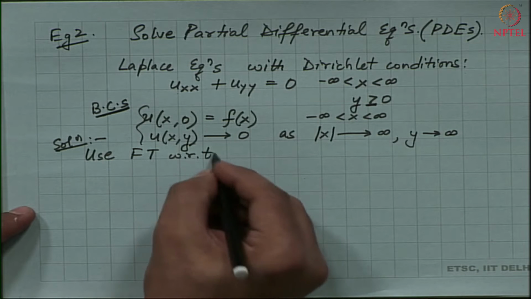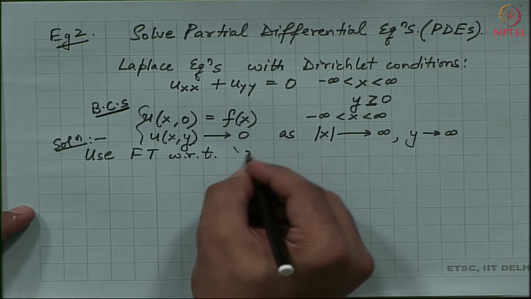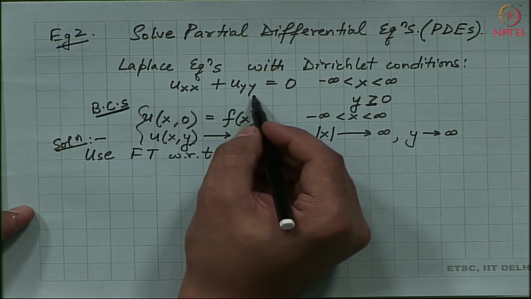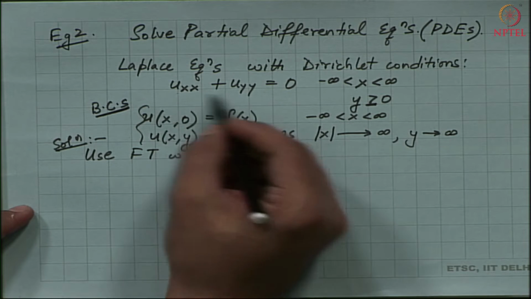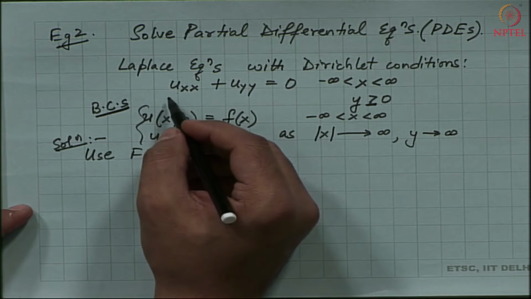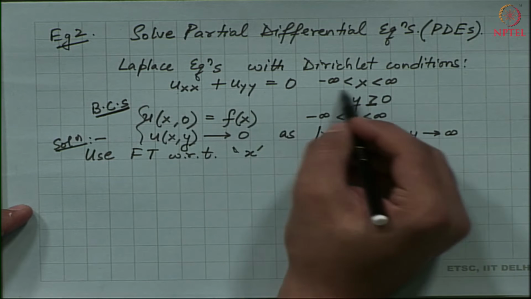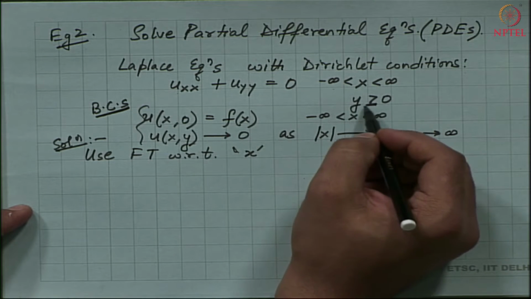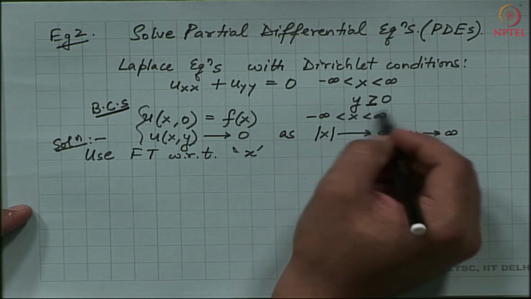with respect to the variable x. So I have two independent variables, x and y. The question is, for which variable should I use the Fourier transform? You can see that x is varying from negative infinity to infinity, while for y we only have non-negative values.